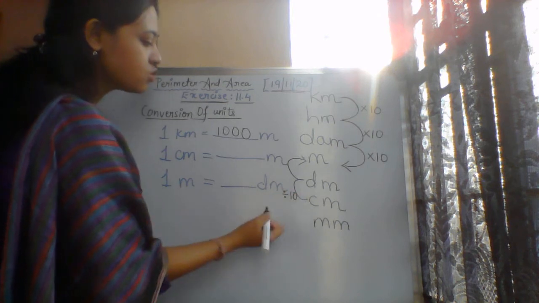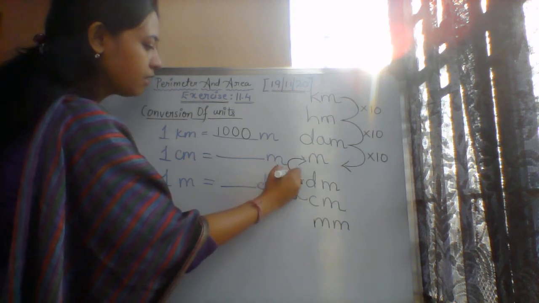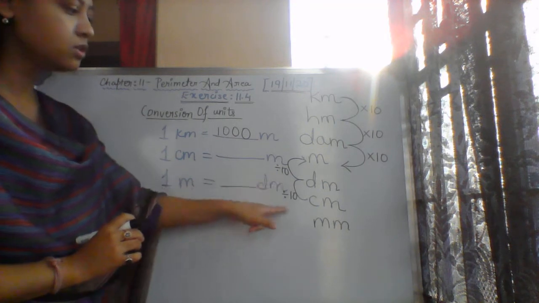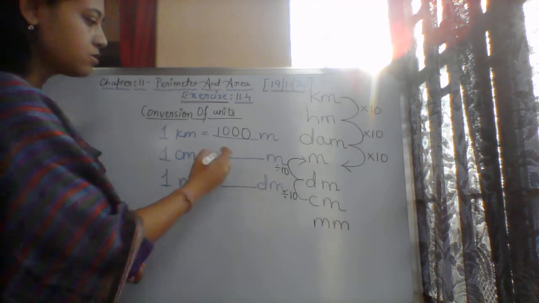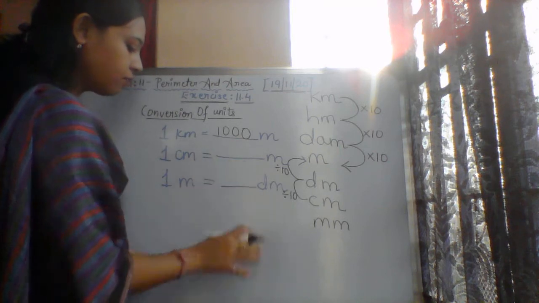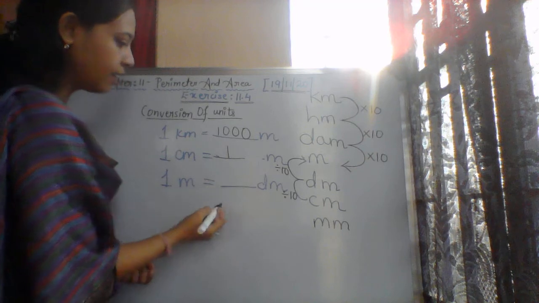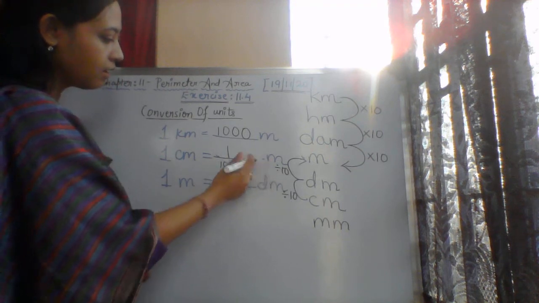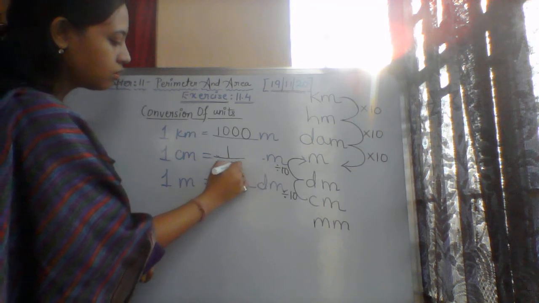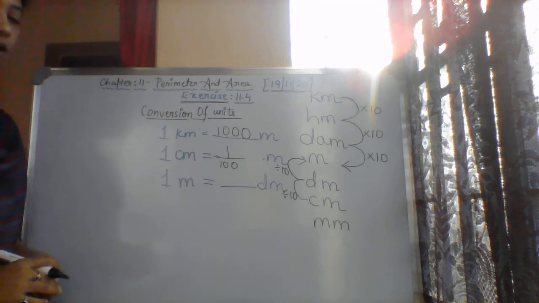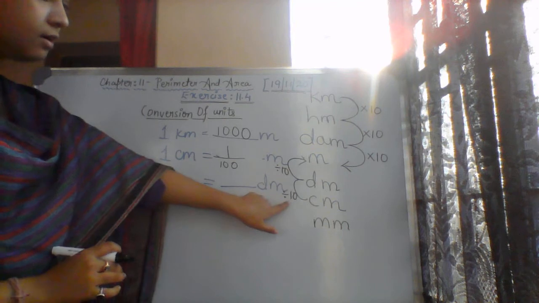Each and every jump, divide by 10. So how much do I have to divide? It is 1 divided by 10 into 10. So 1 by 100 meter.